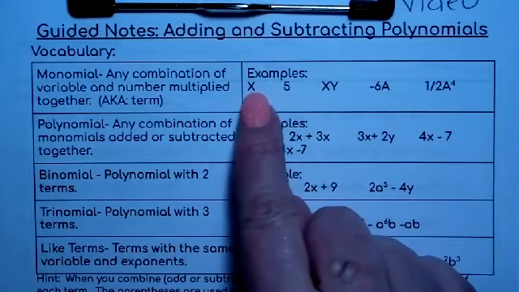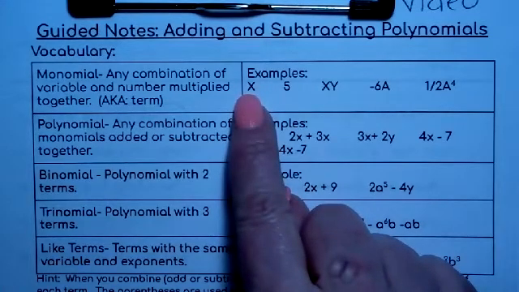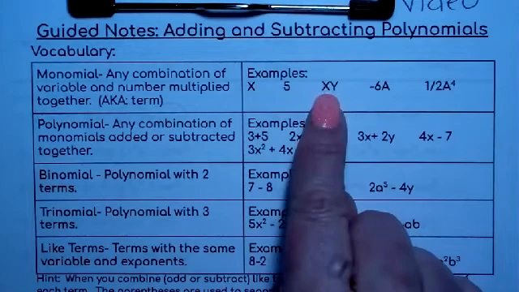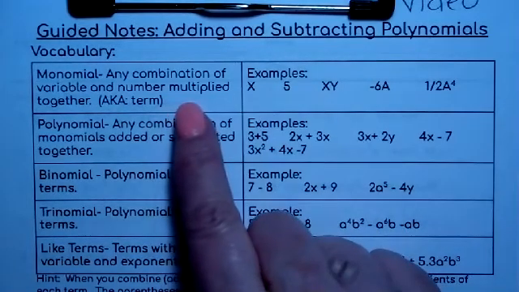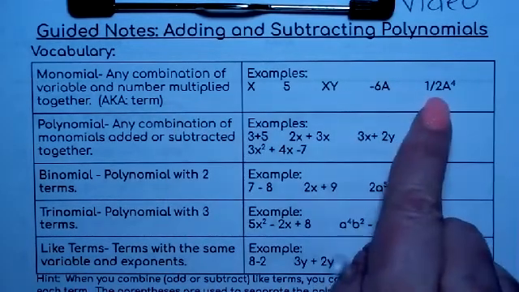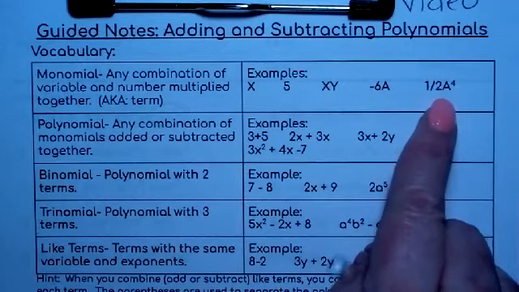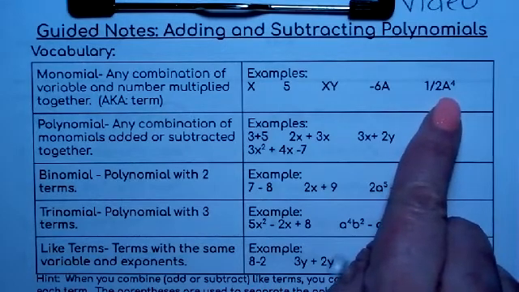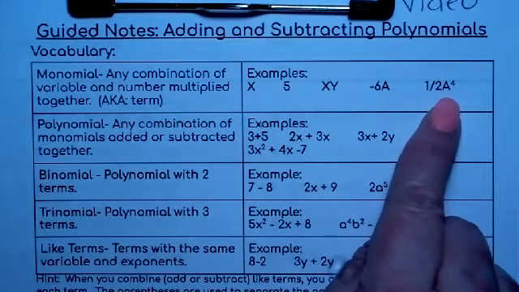Just any variable is a monomial. Two variables multiplied together. Okay, because remember, it's any combination of variables or numbers multiplied, like negative 6a. It can even contain fractions and exponents. Exponents, sometimes people question, but an exponent is a shortcut way to show repetitive multiplication.